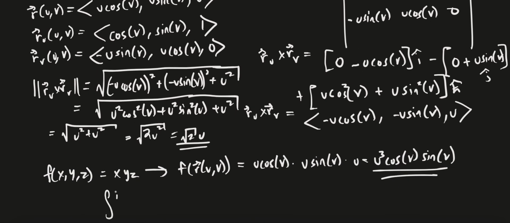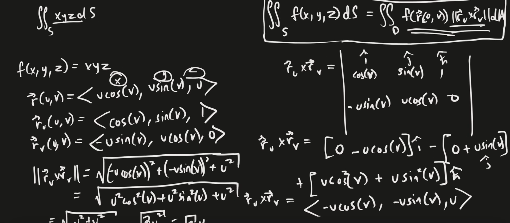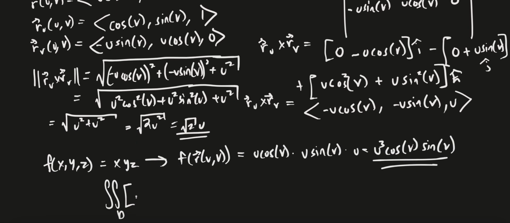There you go. So that's the integral over D of u cubed cosine v sine v root 2 u dA.